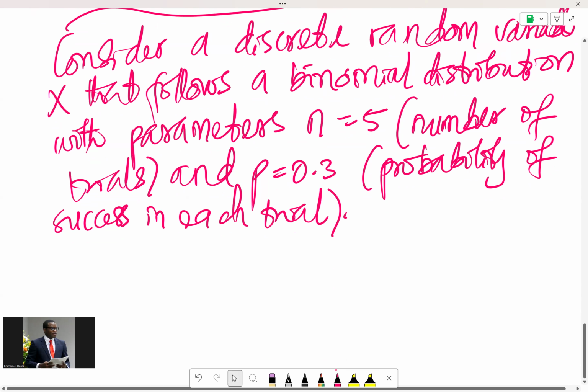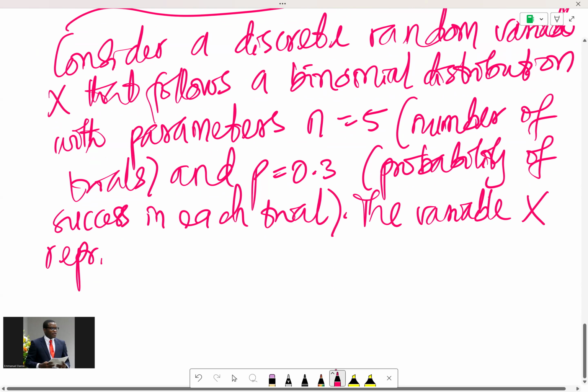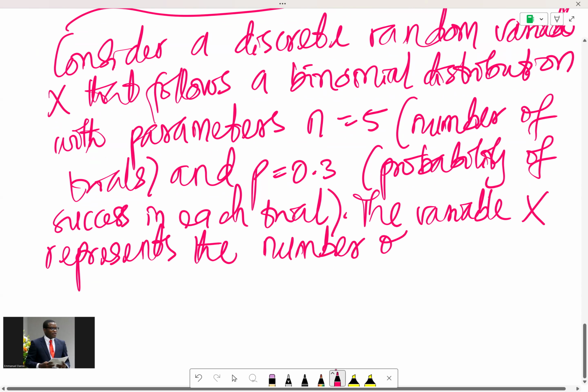So the variable x represents the number of successes in 5 independent trials.